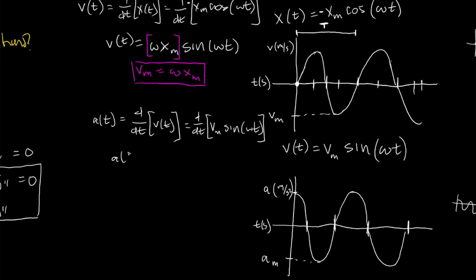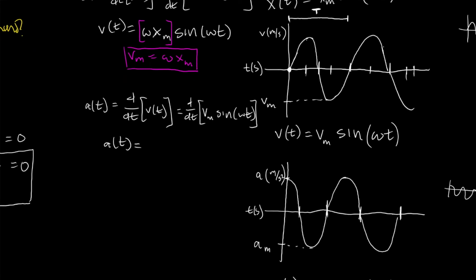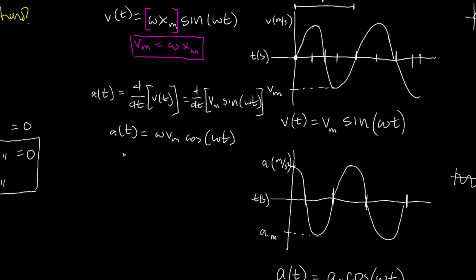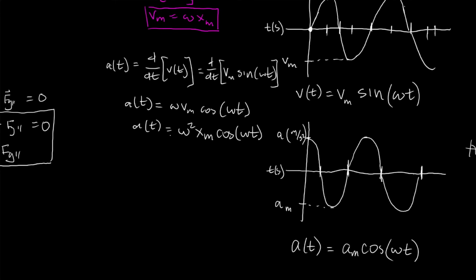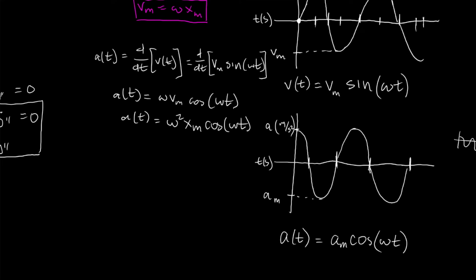So a of t equals the derivative of omega t, omega times Vm cosine omega t. But up here we found Vm was equal to omega times xm. So we have a of t equals omega squared times xm cosine of omega t.